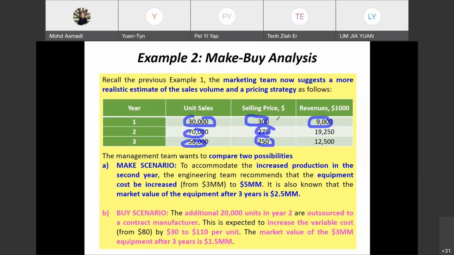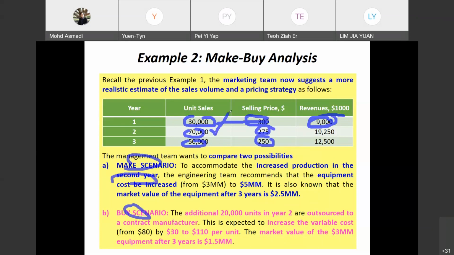After selling, you get the revenue. The management team wants to compare two possibilities, make scenario and buy scenario, to accommodate the increased production in the second year.